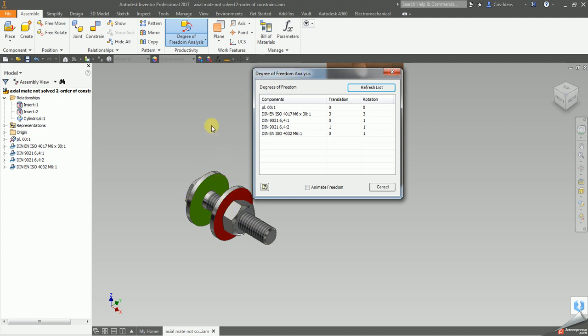In the context of the top level assembly that we are interested in for degrees of freedom, these washers and the nut should have free and free, as they are free really to rotate within the assembly.